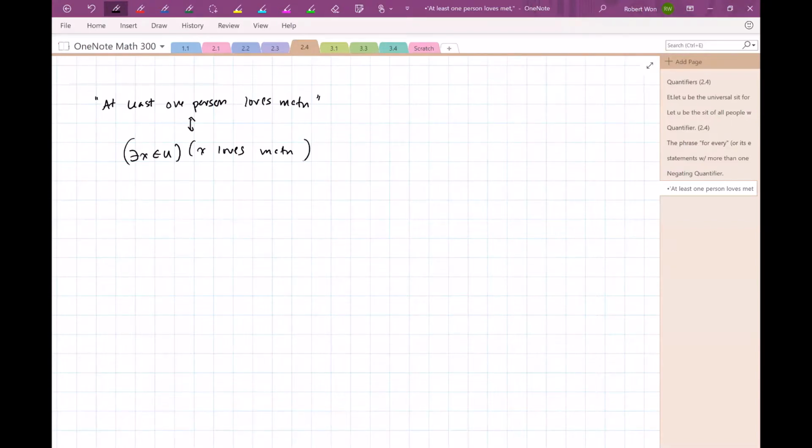Well, the negation is everybody does not love math. That's how that could be false. How could it be false that at least one person loves math? Well, nobody loves math. Everybody does not love math. So the negation of this is for every x in U, x does not love math.